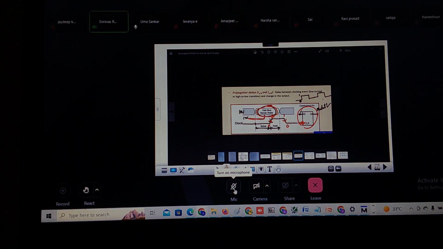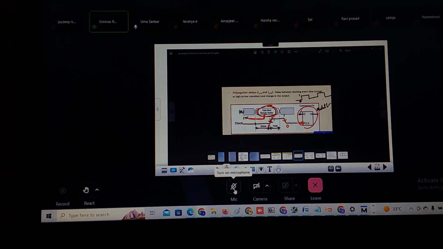The input is changing during the setup time, before the actual clock transition. That's why I'm reporting this. Setup time violation means the data is not remaining the same during the setup time. Data is changing during the setup time. That's why I'm getting the setup time violation.